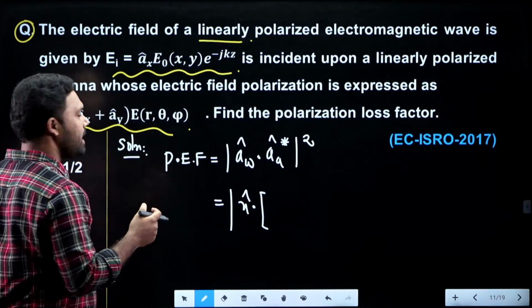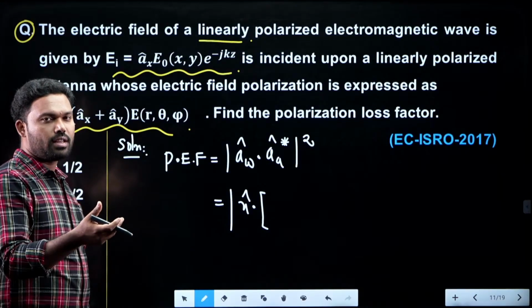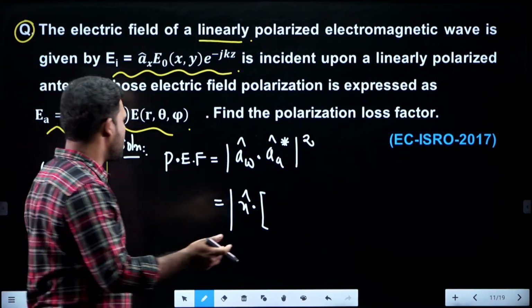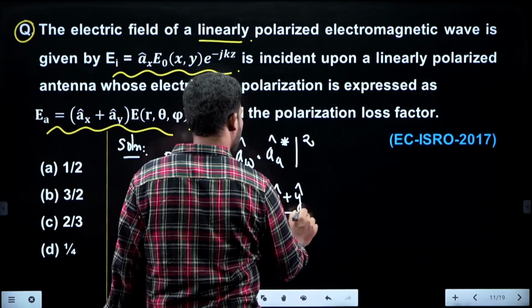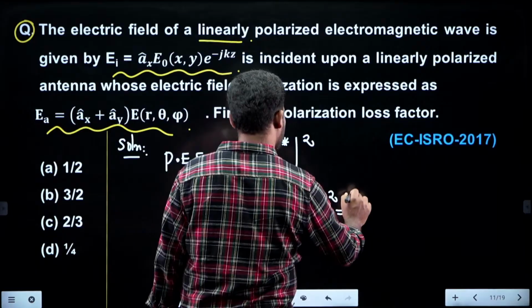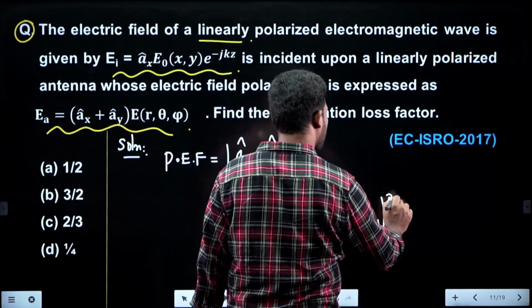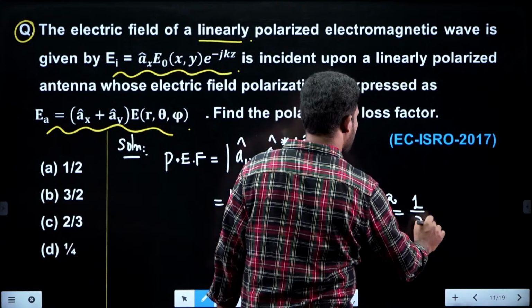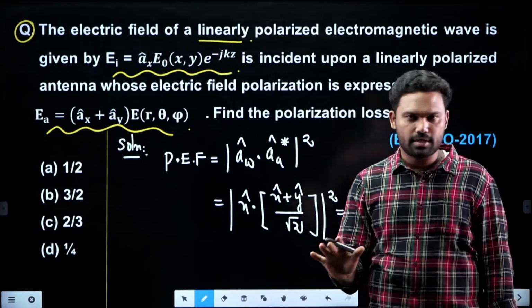And a_a is the unit vector associated with the antenna state of polarization, which is (x cap plus y cap) divided by root 2. Magnitude squared of 1 by root 2 is 1 by 2. So half of the power is wasted. Our efficiency is only 50%.